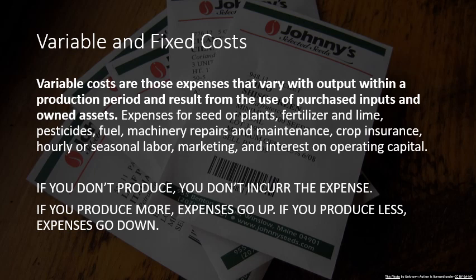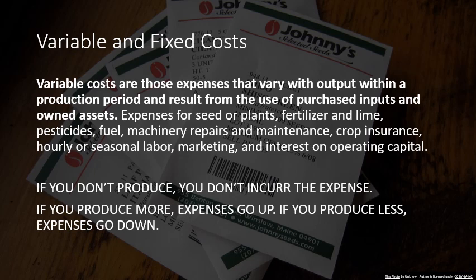And so variable costs in a crop production system could be seeds or plant, fertilizer, fuel, machinery repairs, seasonal labor. And the one way to think about variable costs is if you don't produce, you won't incur the expense, right? So they vary with how much production you do. And if you produce more, your variable costs will go up. If you produce less, your variable expenses will go down.